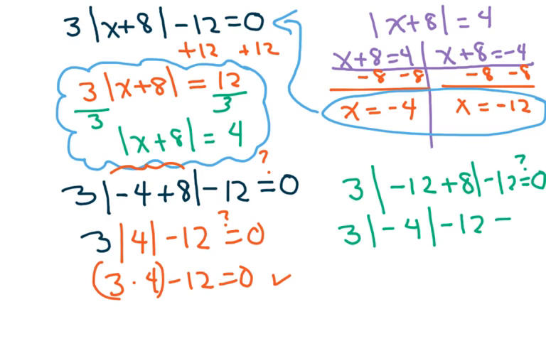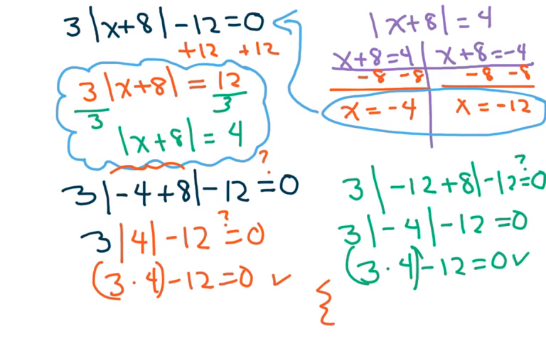Does that equal 0? Well, the absolute value of negative 4 is 4, so that's just 3 times 4 minus 12, which is 12 minus 12, which does equal 0. So that checks. So my solution set is negative 4, comma, negative 12.